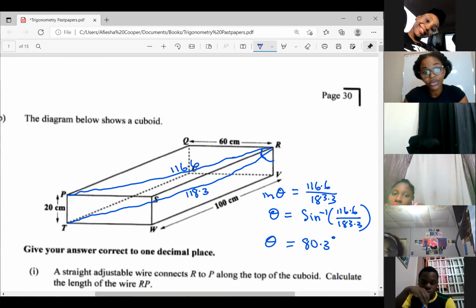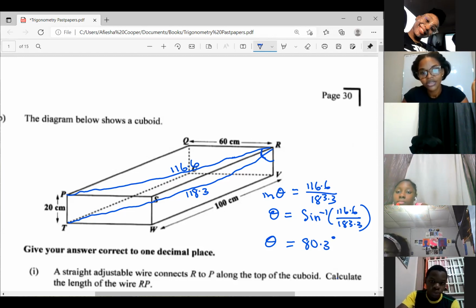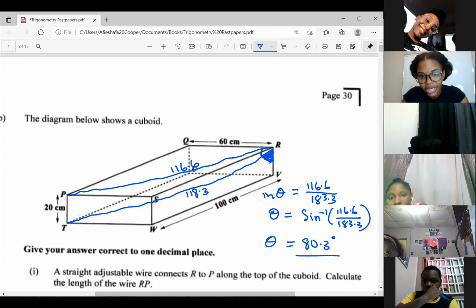And plus we have 20, so we could use the rules of trig to work this out. Or who has a better idea? Don't we have this bottom angle here? We just work out the bottom angle as 80.3, and they want the top part of that angle.